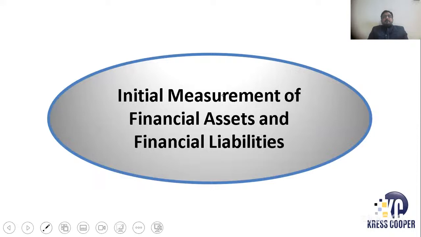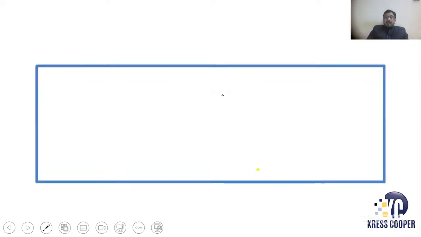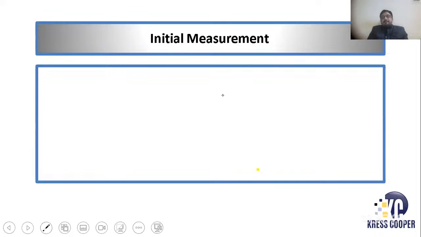Now comes how to measure the financial asset and financial liability at initial recognition. IFRS 9 says at initial recognition, again, it is unlike the usual standards. There are a few more standards that give the same requirement for initial measurement, but only 2 or 3 standards.